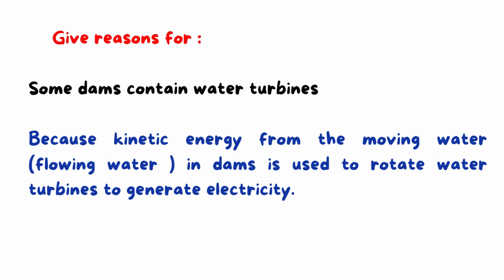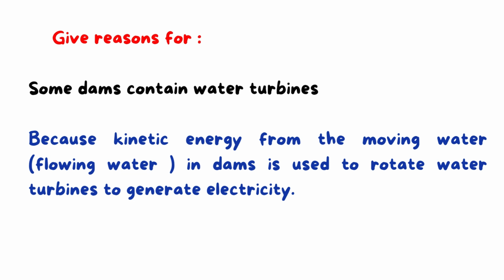So for the question, whether the water turbines are placed in the waterfalls or some dams contain water turbines, both the dams and waterfalls have flowing water, so the kinetic energy from this water flow will rotate the water turbines, and the water turbines will convert this kinetic energy into electrical energy.